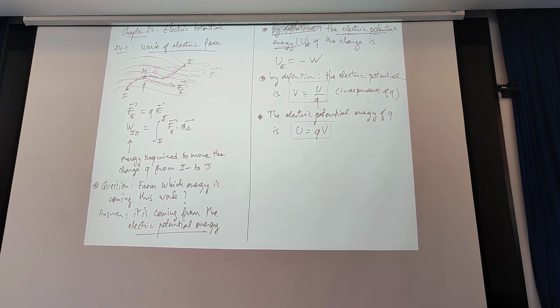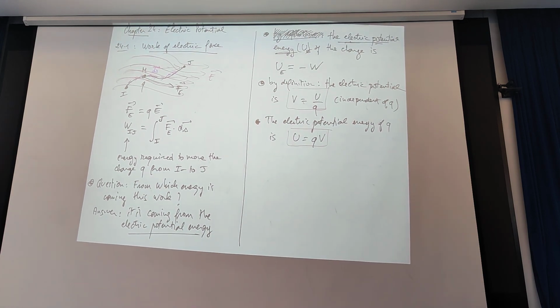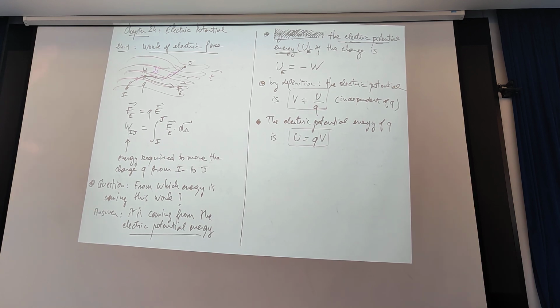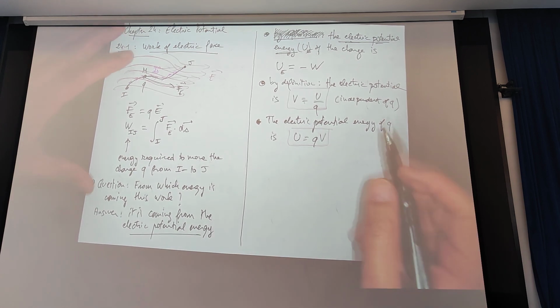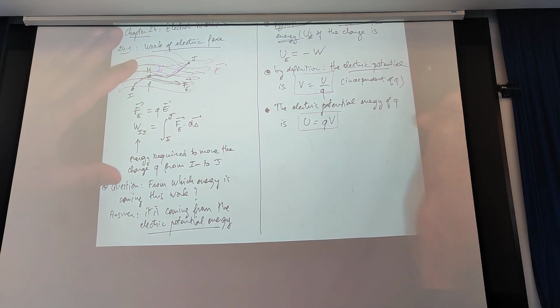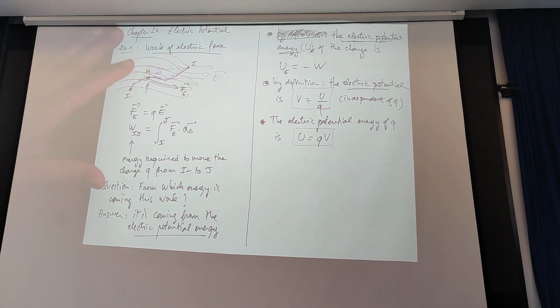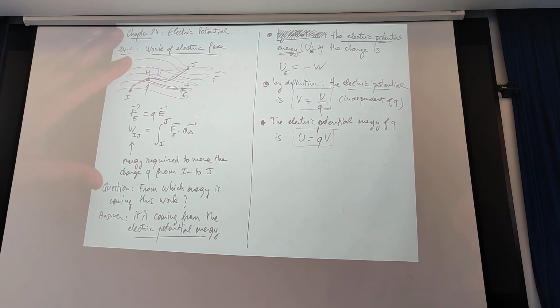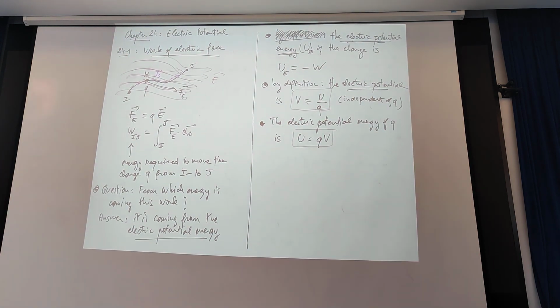In such a way, the electric potential is independent of the charge. So this is important to not confuse the electric potential, which is different from the electric potential energy. Is that okay for you?